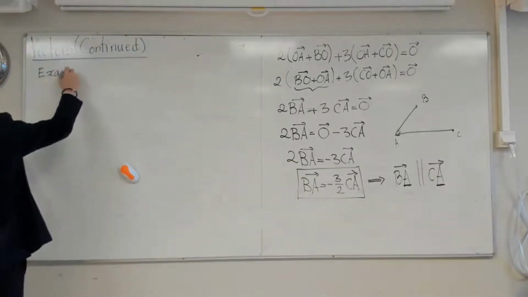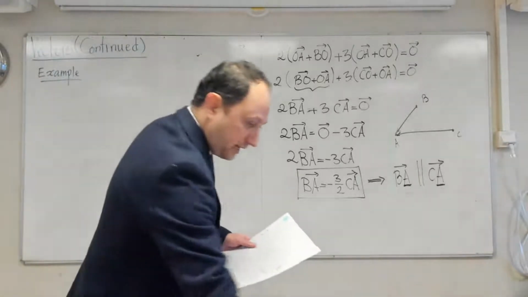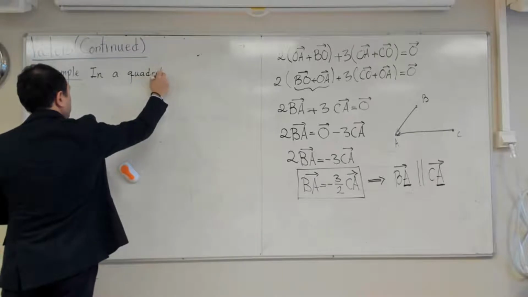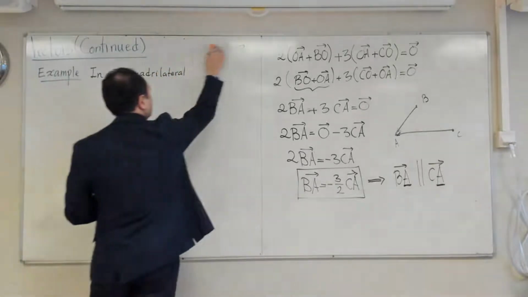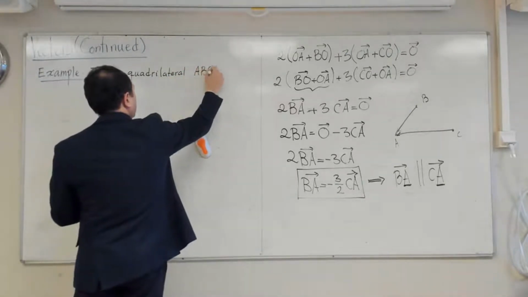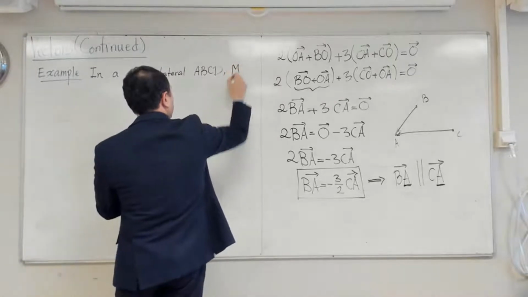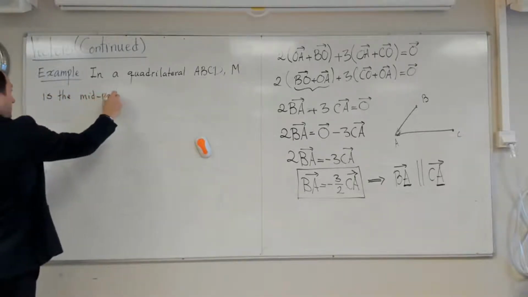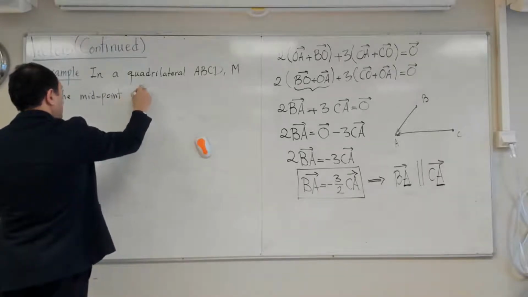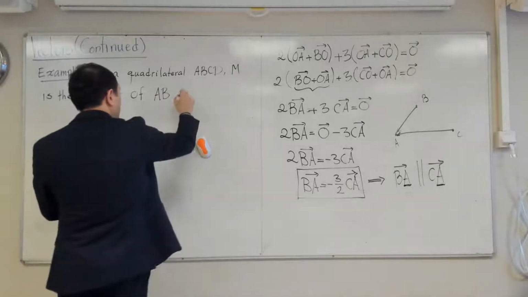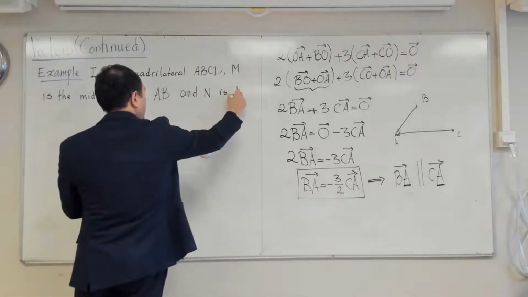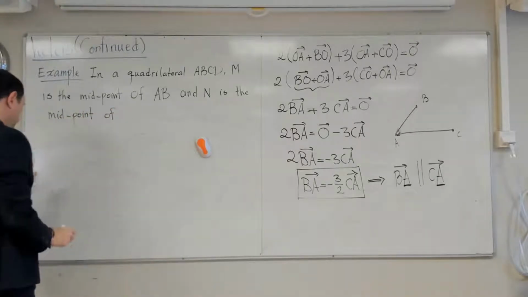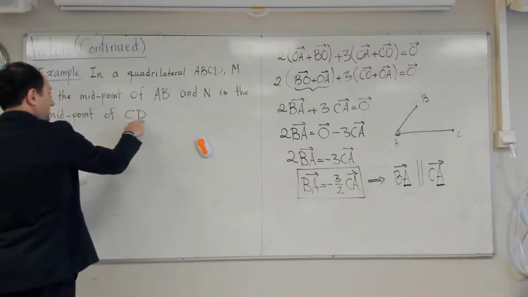So example, in a quadrilateral ABCD, comma, M, capital M, is the midpoint of AB, side AB, and capital N is the midpoint of CD, side CD.